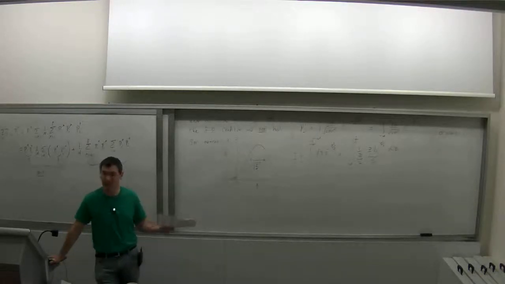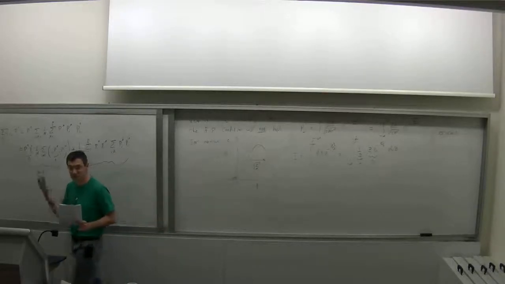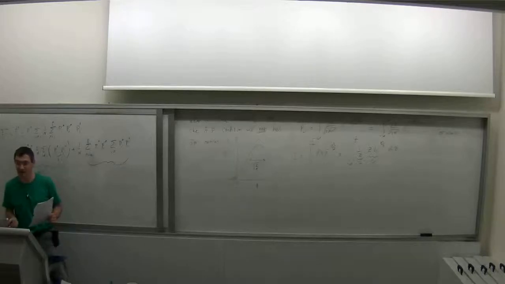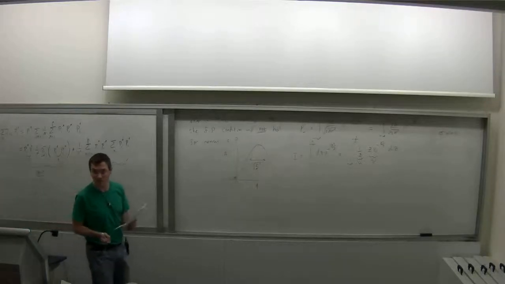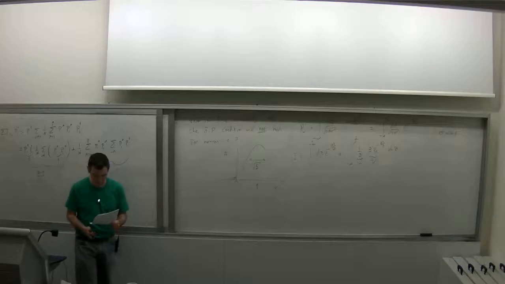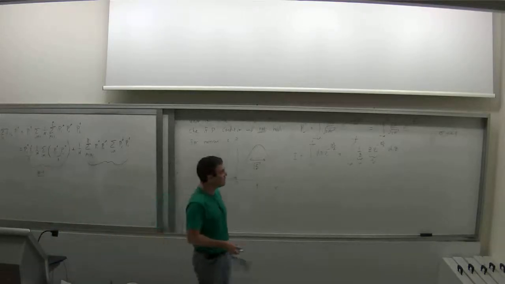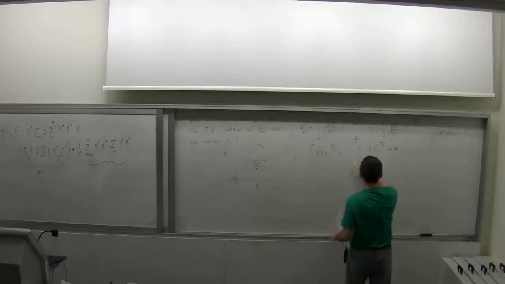So you can use a Taylor expansion to estimate the integral. It doesn't work here because all terms in the Taylor expansion turn out to be equal to 0. So we need to do something slightly more sophisticated. So we are doing integration by parts here.